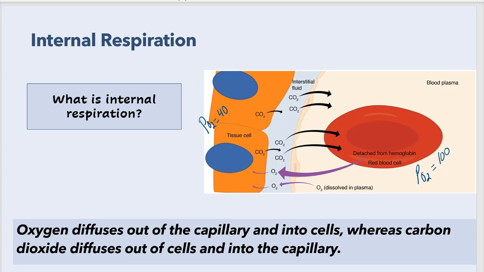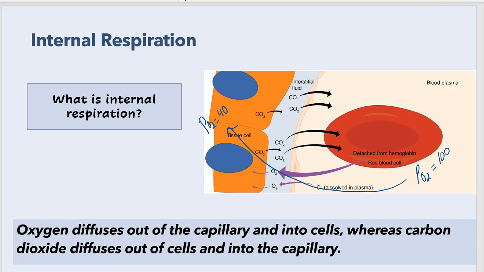So we constantly need to replenish those cells, and oxygen will diffuse this way from the blood capillaries into the cells. The opposite will occur for carbon dioxide. The pressure in the cells is higher because these cells are constantly producing carbon dioxide from cellular respiration.